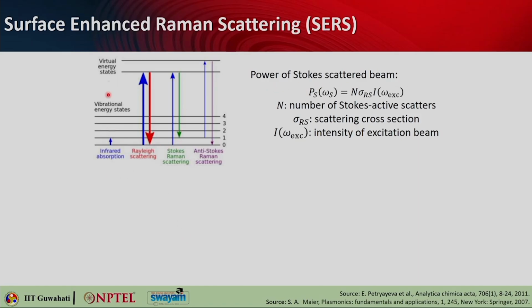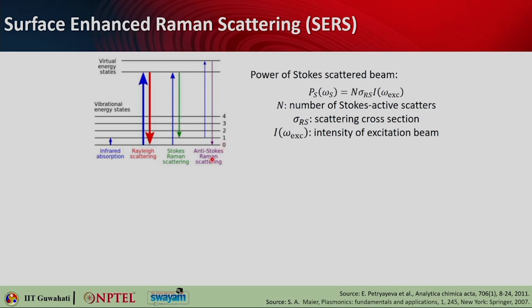Okay. Now, coming back to what surface enhanced Raman scattering is. This is Rayleigh scattering, where the same energy comes back. This is Stokes scattering. You jump from the 0th state to a virtual high state, and when you come back, you do not come back to the 0 state, you come back to a higher energy state. So there is a difference in the energy. This is called Stokes Raman scattering.